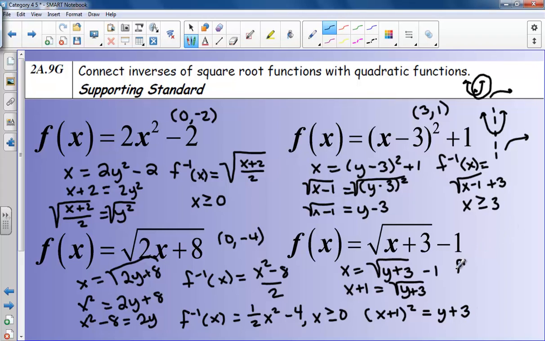So my inverse, again, I'm going to run out of room here, too much on one page, is the quantity x plus 1 squared minus 3. And so my hk value here is -1, -3. So I'm going to restrict this for values greater than or equal to -1 to use only that half portion of my parabola.